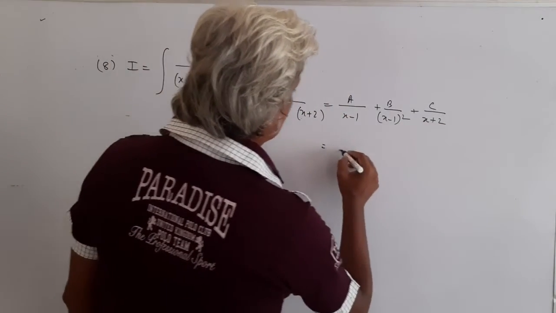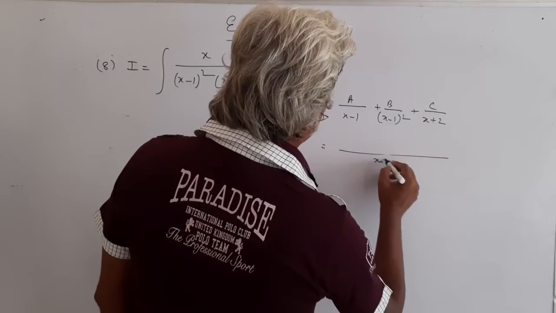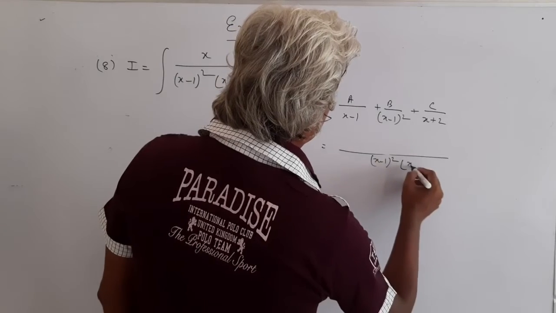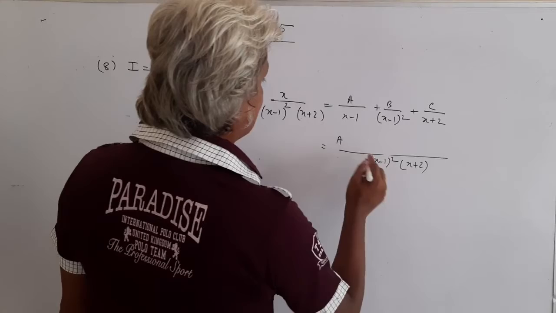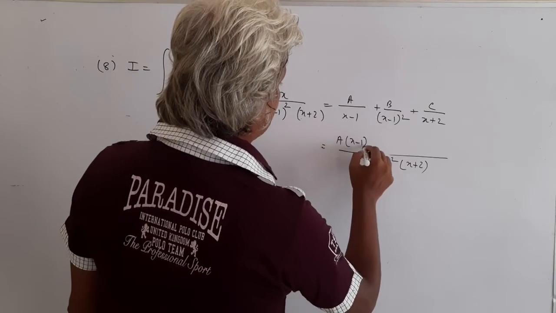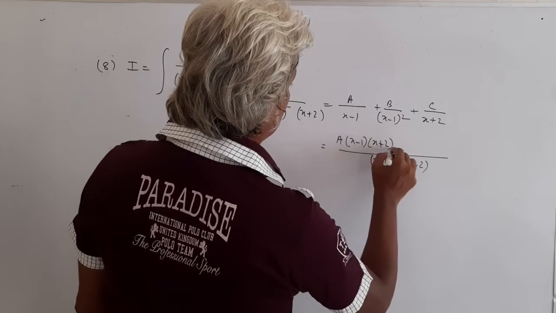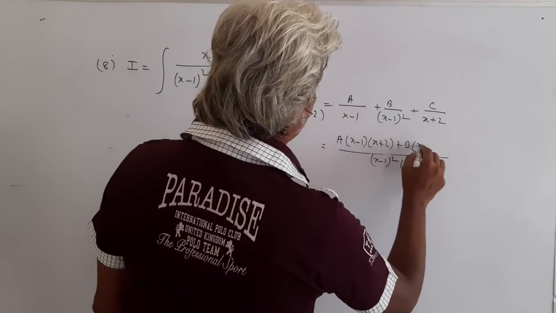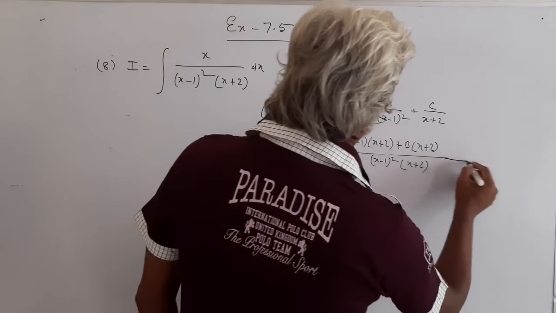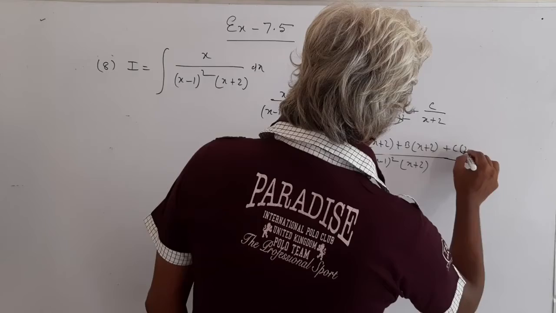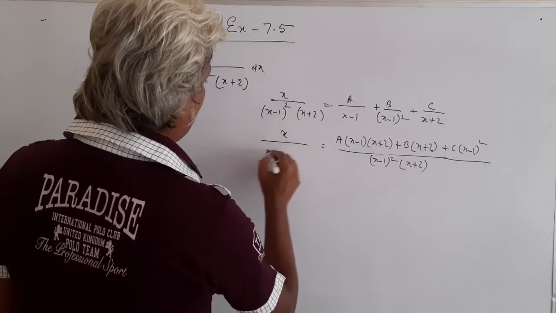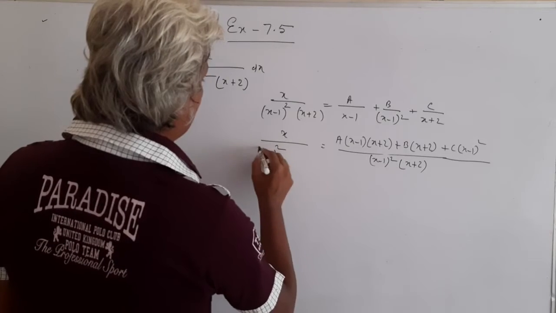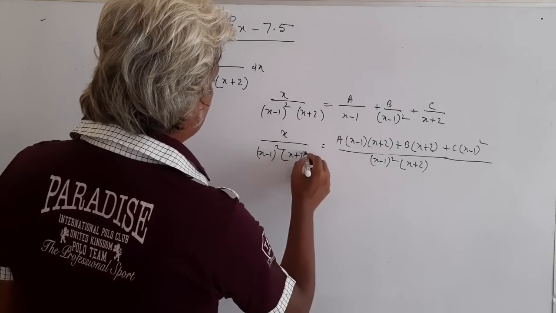Now take the LCM, so the LCM will be (x minus 1) whole square (x plus 2). For a it is (x minus 1) times (x plus 2), for b it is just (x plus 2), for c it is (x minus 1) whole square, and this is x over (x minus 1) whole square (x plus 2).